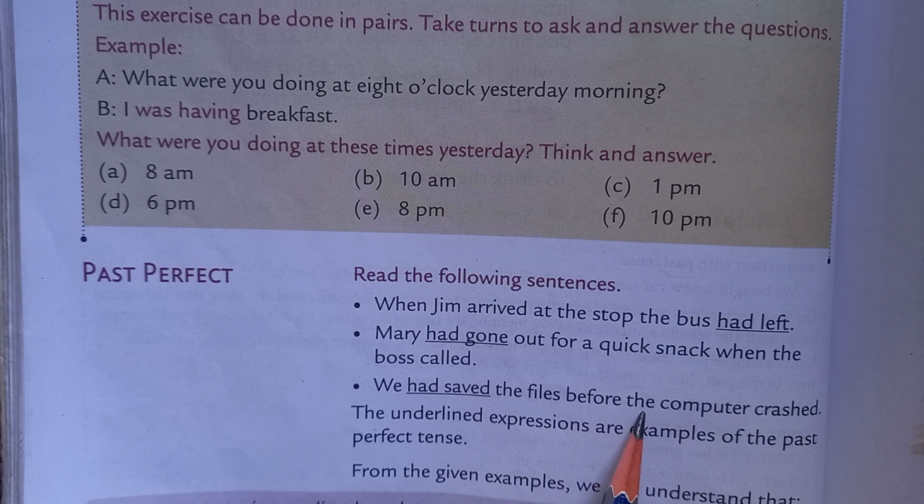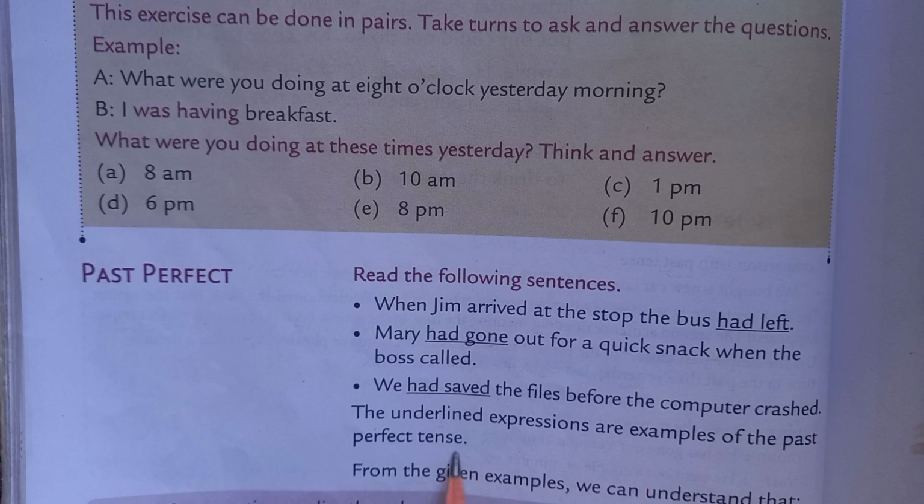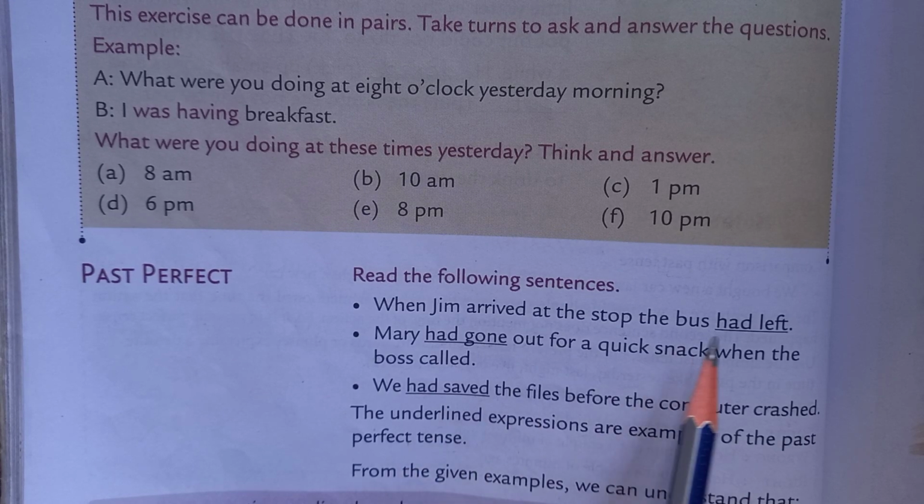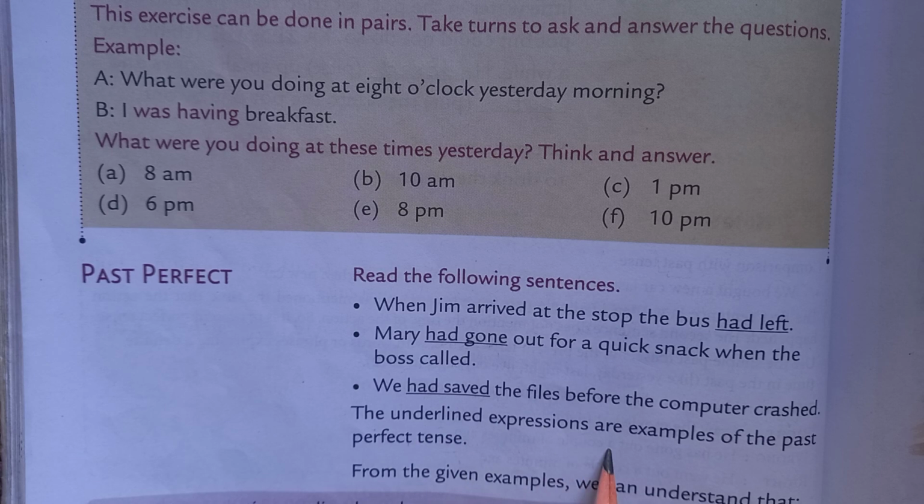So in the sentences, for the first action we will use had plus V3, and in the second V2. The underlined expressions are examples of the past perfect tense. So had left, had gone, had saved, are used for the past perfect tense.